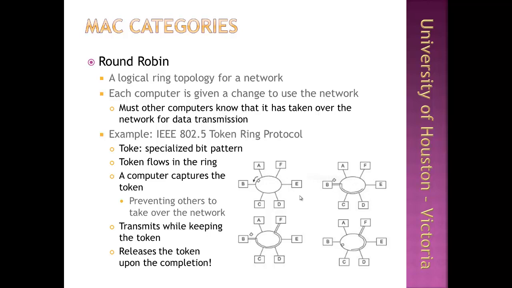And when essentially the network is in state of transmission, a token will be detected by a node. The node will seize the control of the token, therefore disabling all the other nodes to be able to transmit data, and then it will be able to transmit its own data.